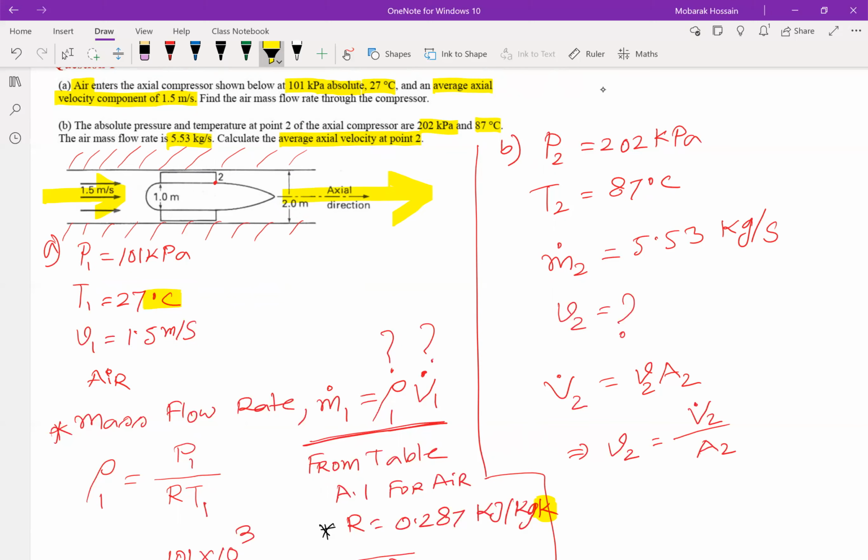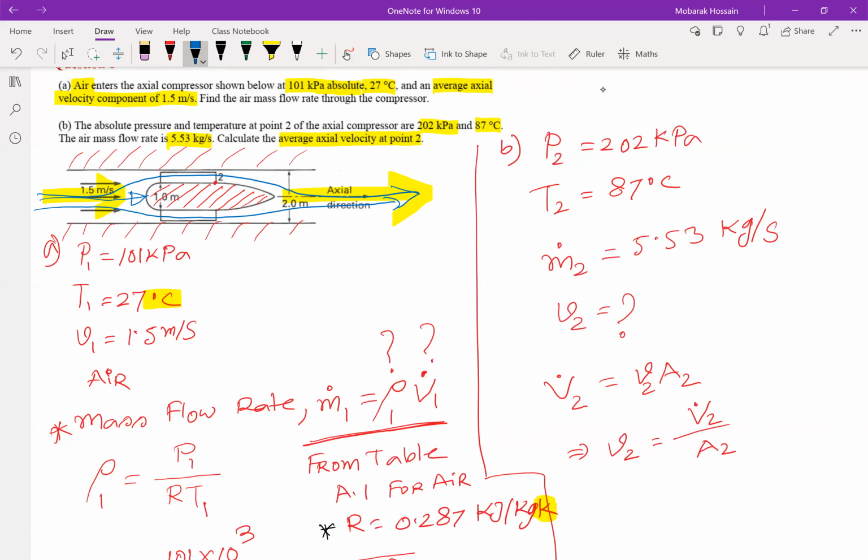But in between these two sections, inlet and outlet, you can see there's one solid part, and this solid part diameter is given as 1 meter. So if you draw the air stream, it will flow in this direction, and it can't flow in here because this is the solid part.